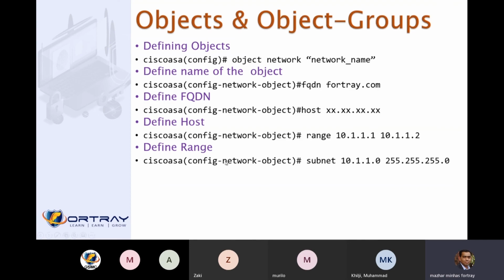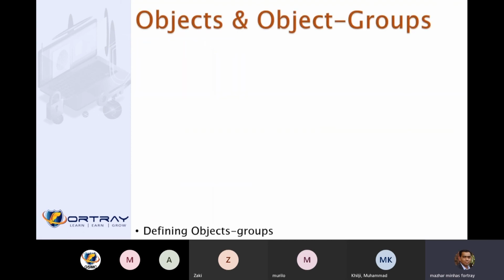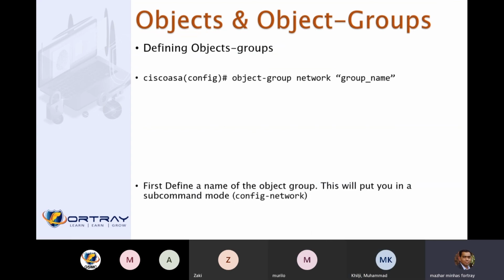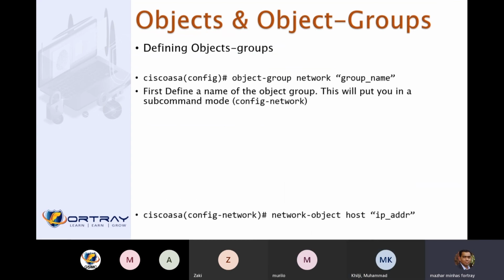So the objects can be multiple, it can be a subnet, it can be a range, it can be anything. And object groups, within the object group, you call the objects which you have already created.